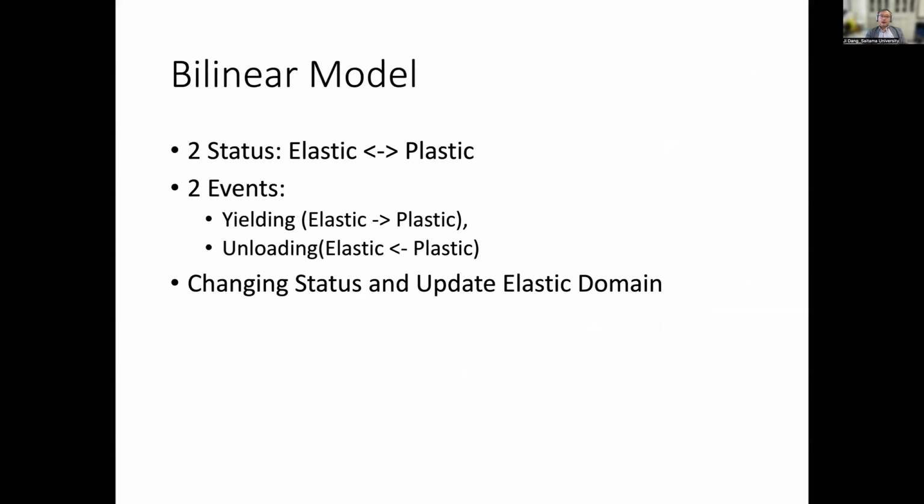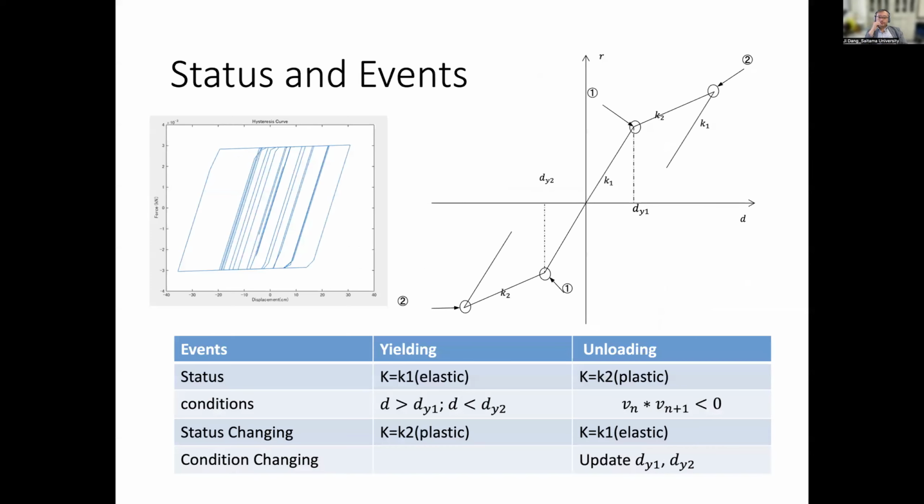Okay, so now we have the bilinear model. We know the two statuses, elastic status and plastic status, and the two events, yielding and unloading, which will change the status and update the elastic domain. So I summarize this here.